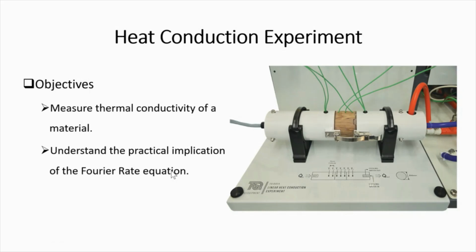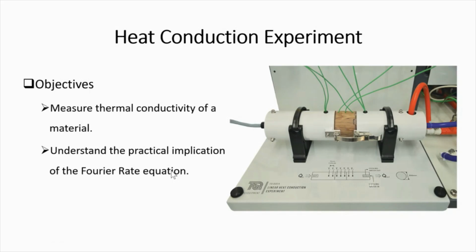Conduction happens when you have a solid, and the objective of this experiment is to calculate the thermal conductivity of a material. I might or might not give you the name of the material.